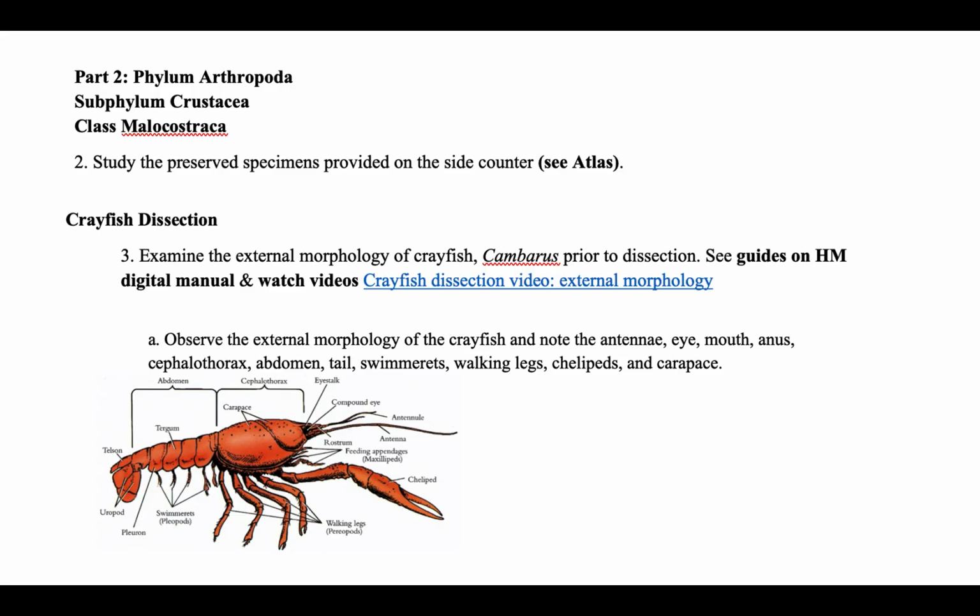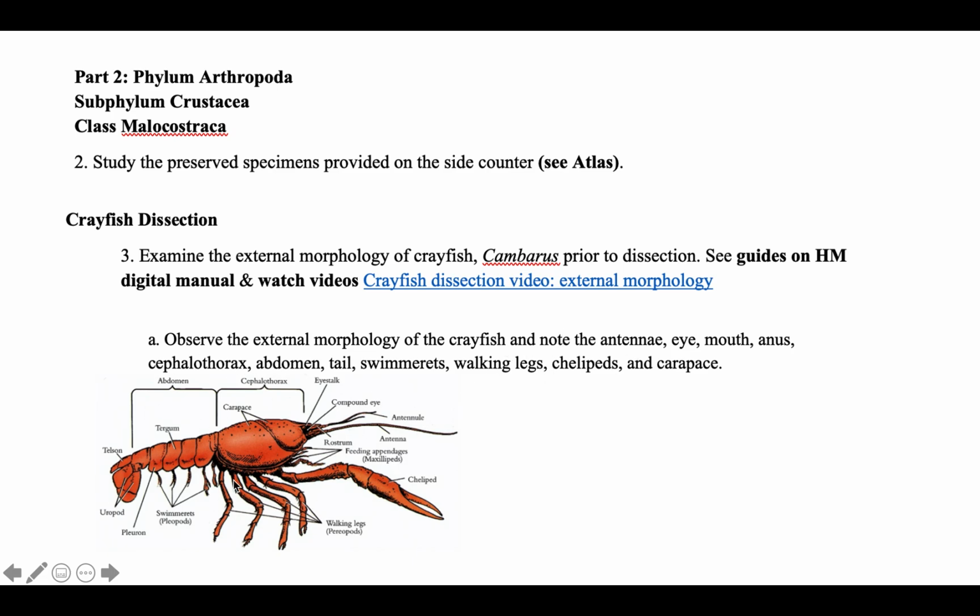So here again is an image from your lab manual exercises. You should just look at the morphology of the crayfish, because we would typically do a dissection. You should watch the dissection videos. Be able to name these different structures on a crayfish.